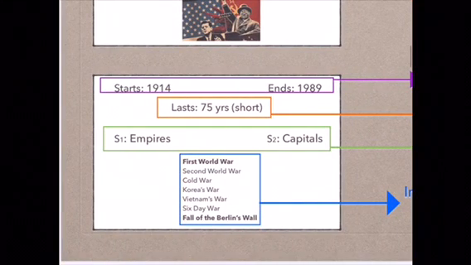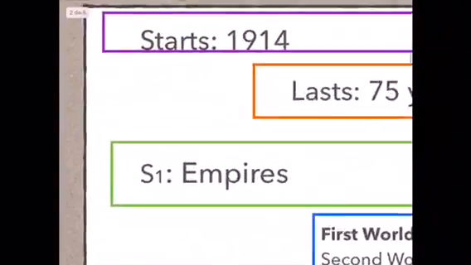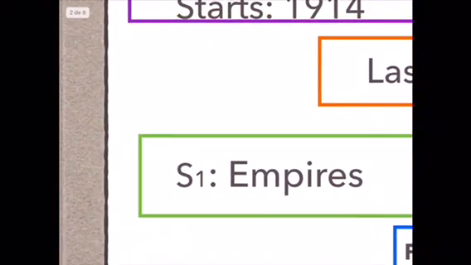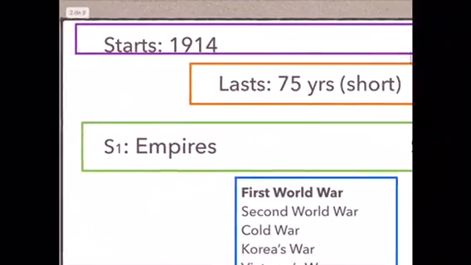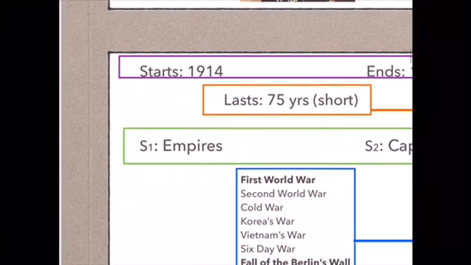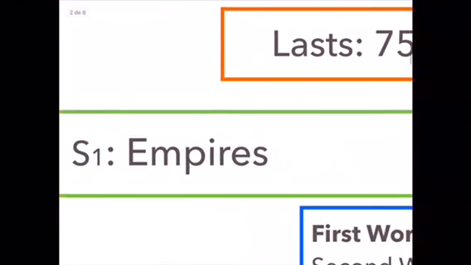What is the transformation that we are going to be seeing in this century? So the first part, the S1, and now we're going to see what S1 means and what S2 means. But the first state of the century, the first state of things that is going to start with the century, is going to be, as we were saying, empires.